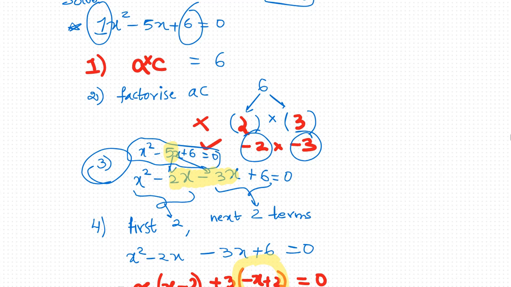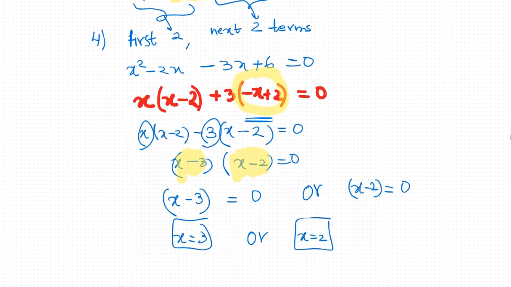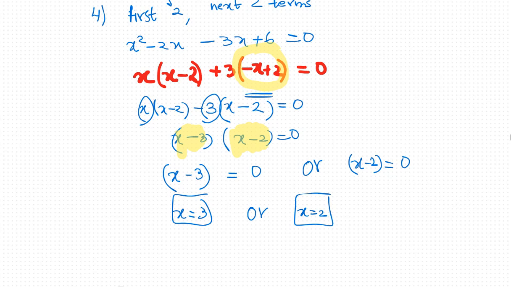Step number 4 is deal with the first two and last two separately, factorize them individually. And then at the end, this is the fifth step: x minus 3 is one entire thing, that will be 0, or x minus 2 is one entire thing, that will be 0.